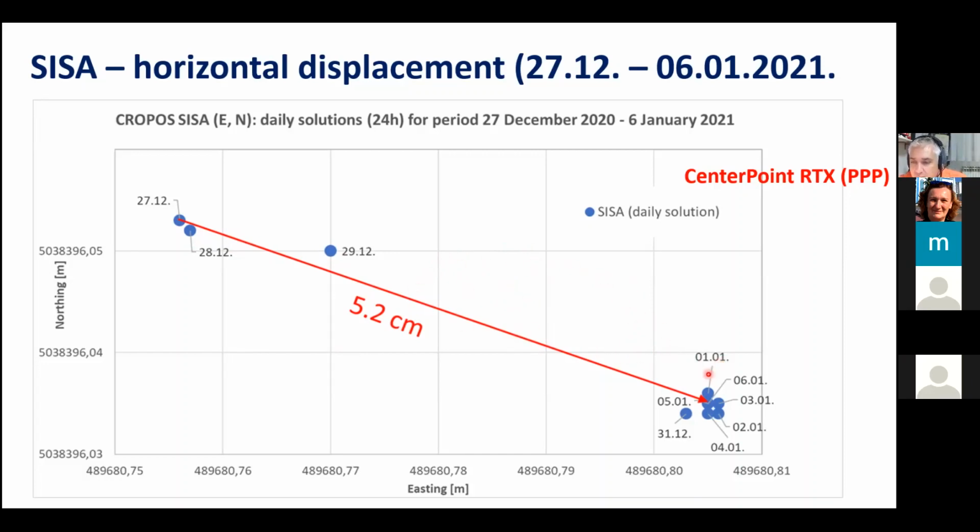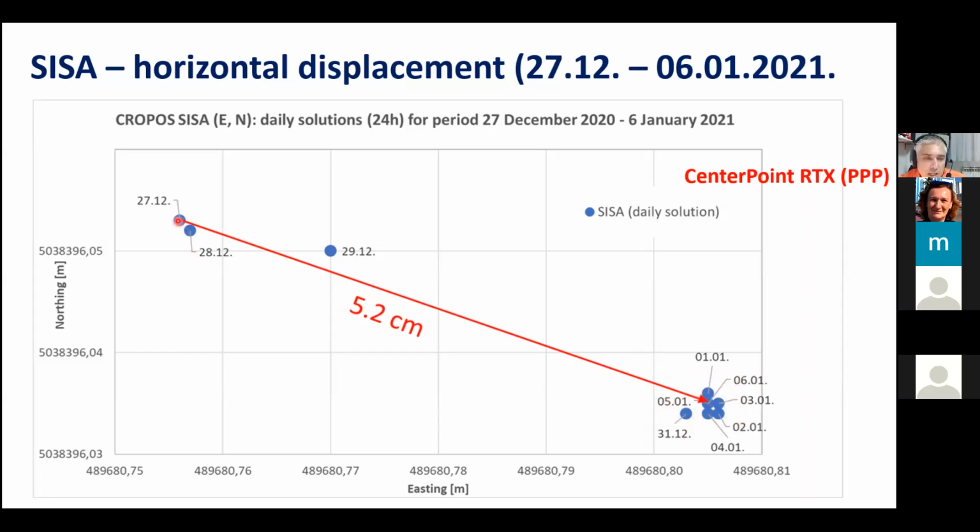And then we have daily solutions from 31st of December till the 6th of January. And we can see that all those solutions are grouped here.